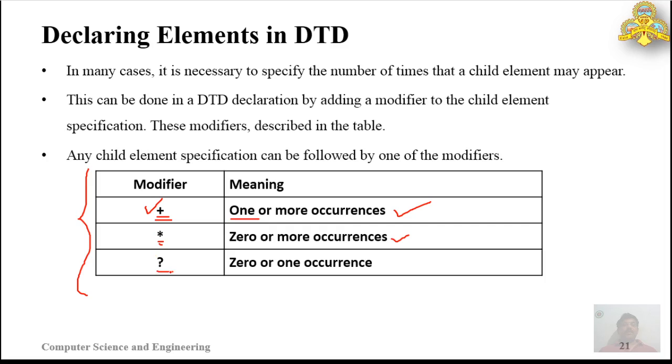If there is a single question mark with the declaration, then either 0 or only one occurrence. We'll understand it better with the example.